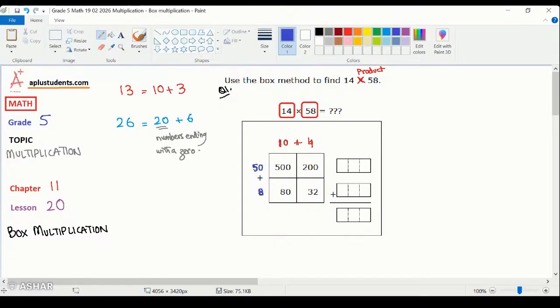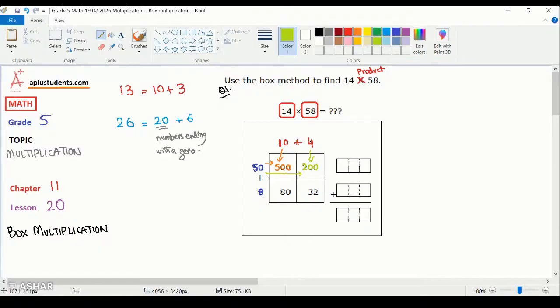What we are doing is multiplying 10 by 50 over here. We know that 1 multiplied by 5 was 5, and we put the 2 zeros. Agreed? Now 50 is multiplied by 4. 5 multiplied by 4 was 20, and we put another 0.